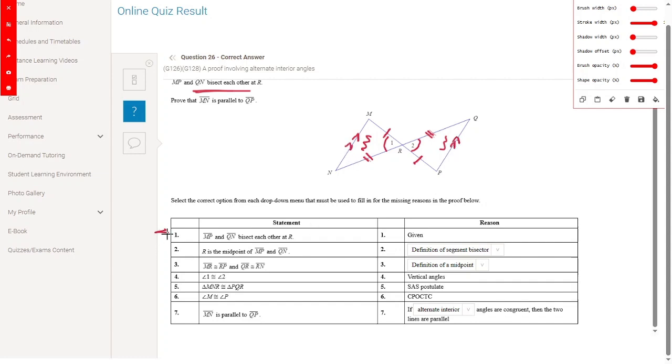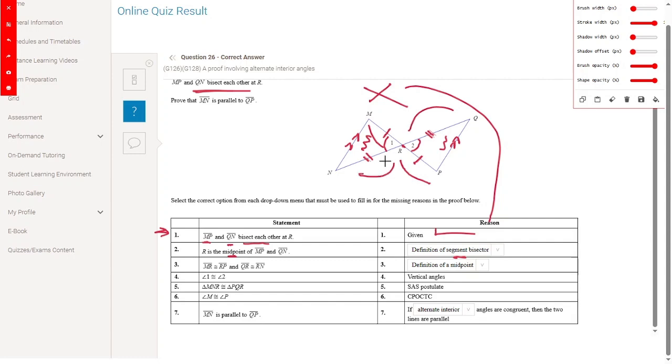Here we have MP and QN bisect each other. This is a given. So R is a midpoint. This is the definition of the segment bisector, because these two segments bisect each other. So this is why R is a midpoint. Now MR is congruent to RP and QR is congruent to RN.